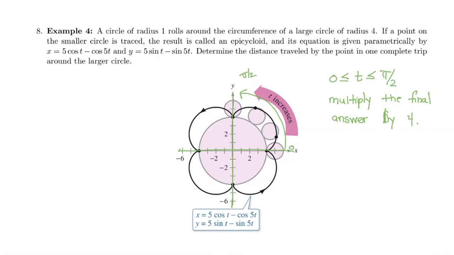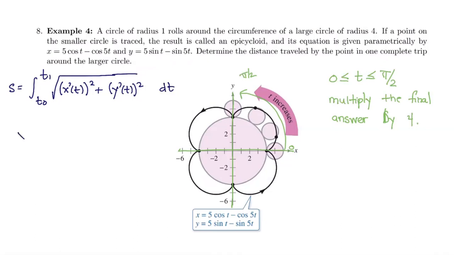So my formula for arc length S is going to be as follows. It's going to be the square root of x prime of t, the quantity squared, plus y prime of t, the quantity squared, dt. And I know that the first thing I'm going to need in order to evaluate this formula is x prime.